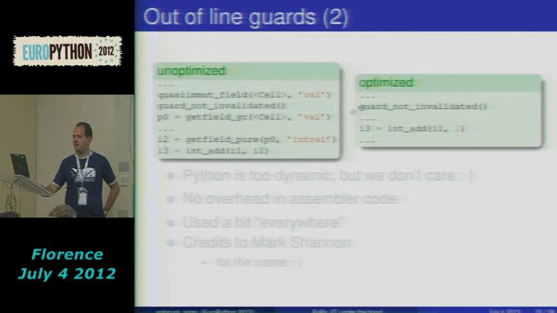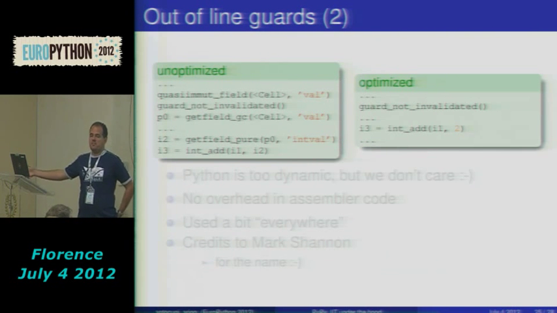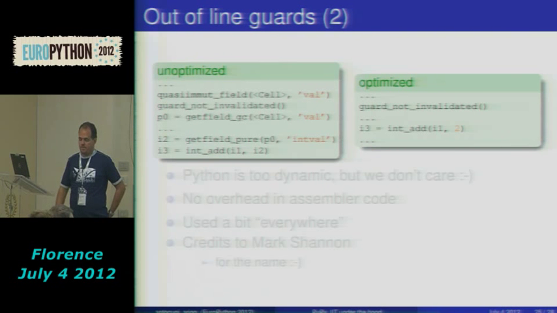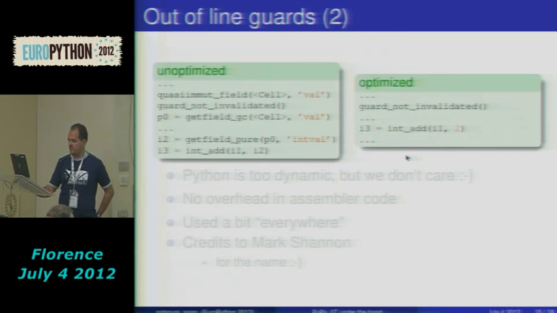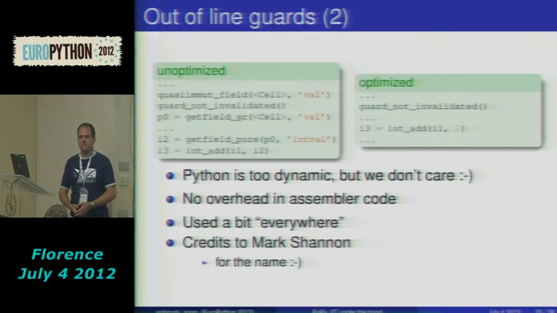So we leave the guard not invalidated and we optimize the get field pure as we did earlier. And then, of course, when it happens that we change the code, this optimized piece of code is just thrown away. Basically, we had to invent this feature because Python is even too dynamic to do some optimization, but we just decided we don't care that it's too dynamic and we optimize it anyway.